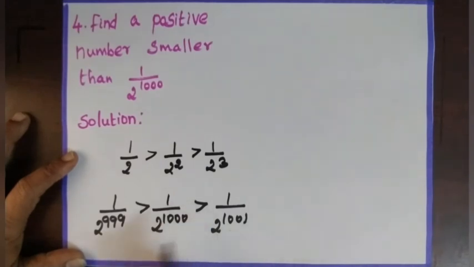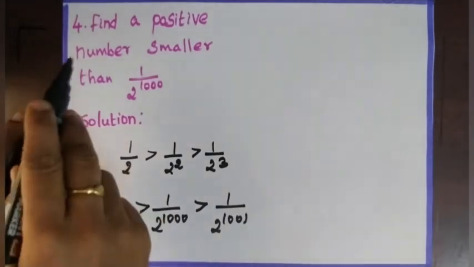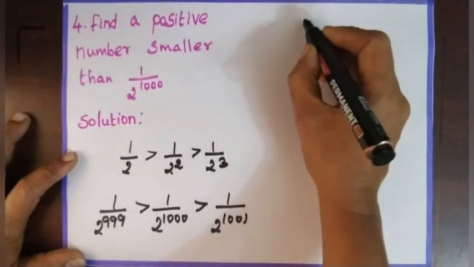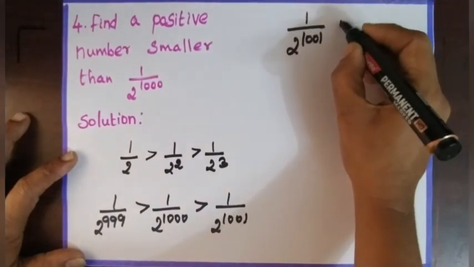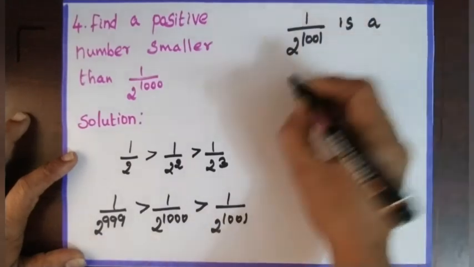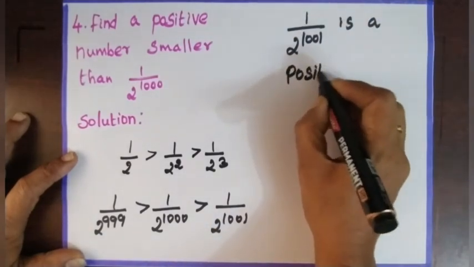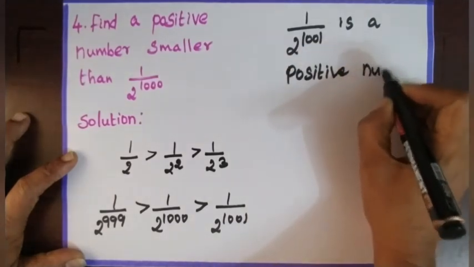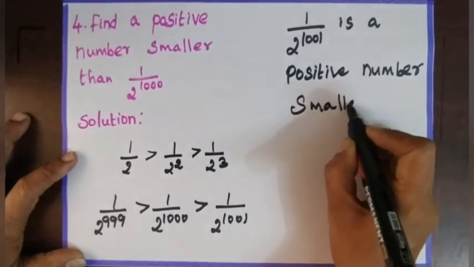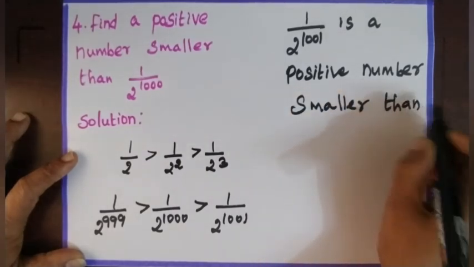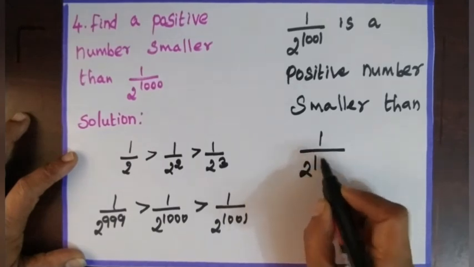But 1 by 2 power 1001 is a positive number smaller than 1 by 2 power 1000. That is what they have asked in the question. Therefore, 1 by 2 power 1001 is a positive number smaller than 1 by 2 power 1000.